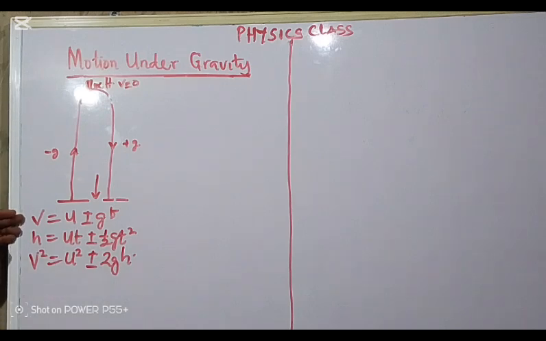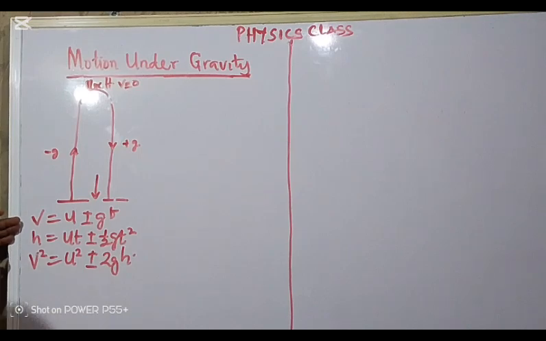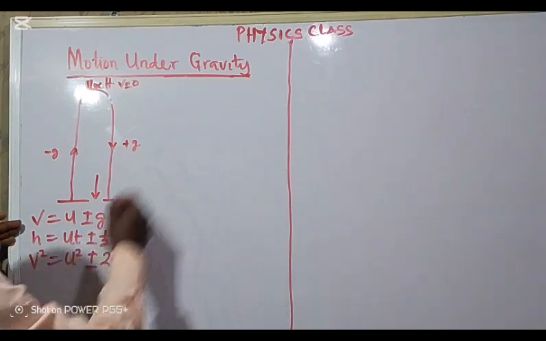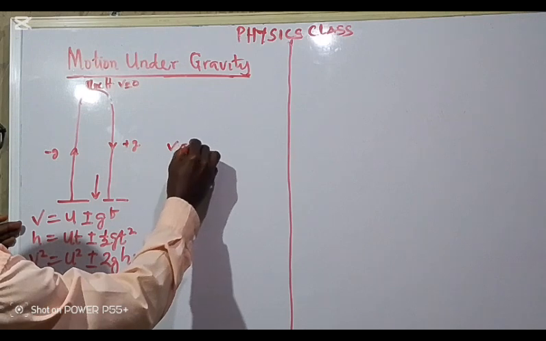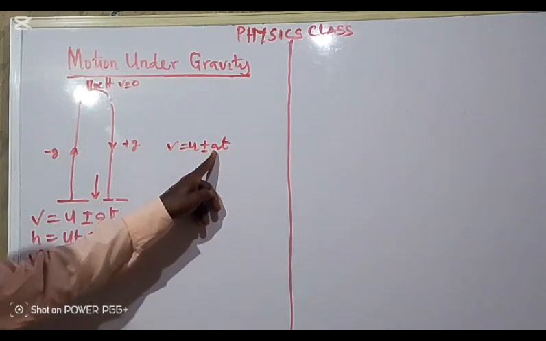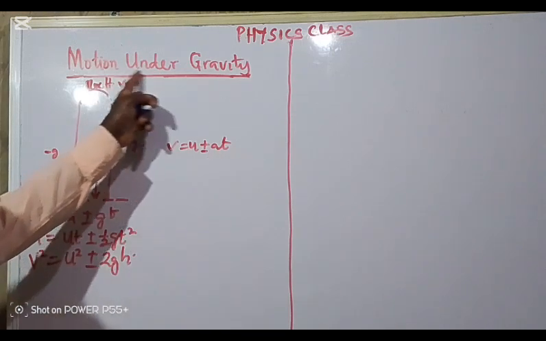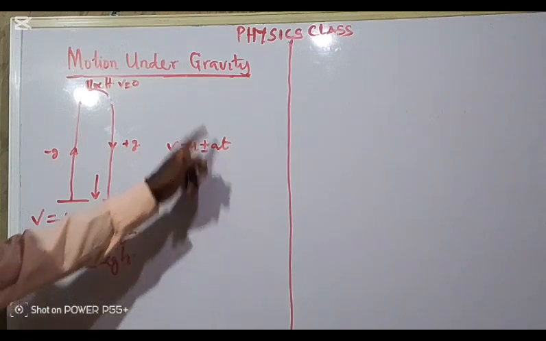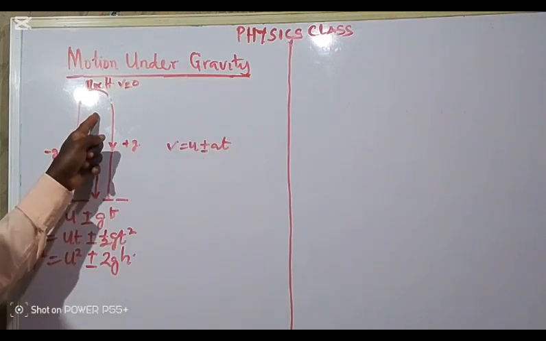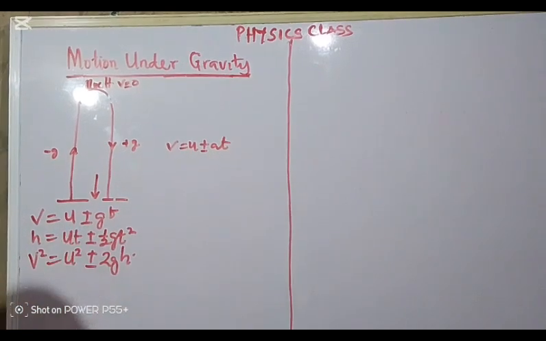Don't forget, we've explained how we got all these formulas. They come from the linear equations of motion. Equation 1 is V is equal to U plus or minus at, where a is linear acceleration. Since we are dealing with motion under gravity, gravity will have an effect, and that is why our linear acceleration is now changed to g.